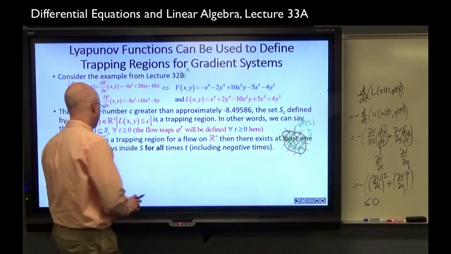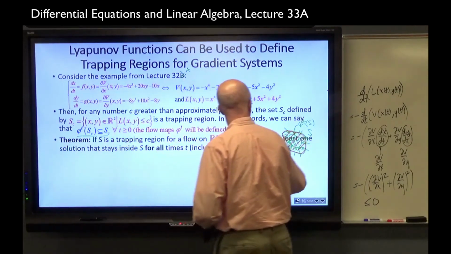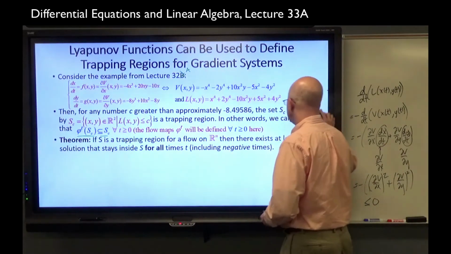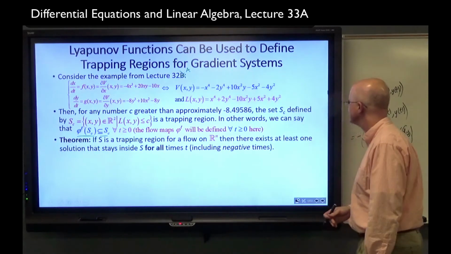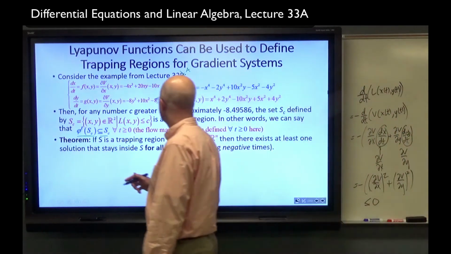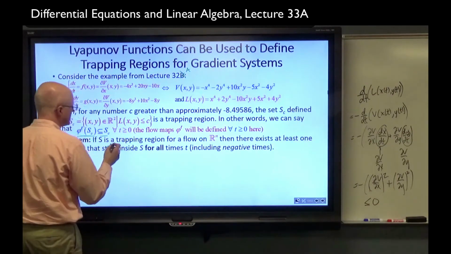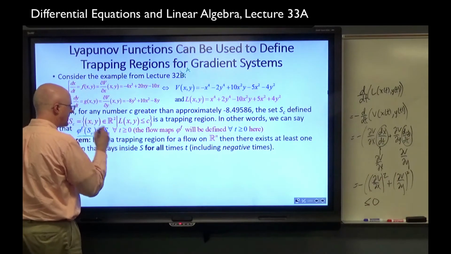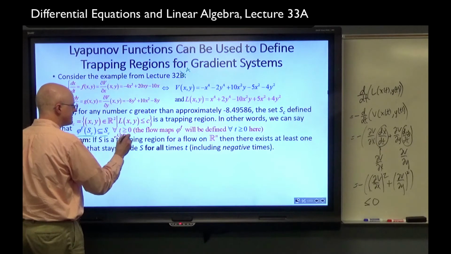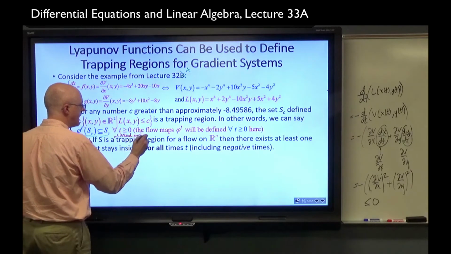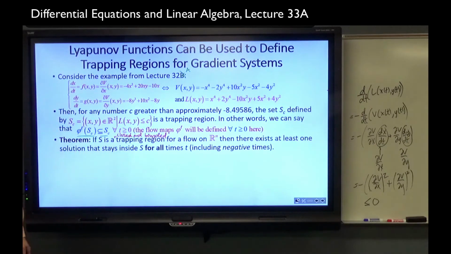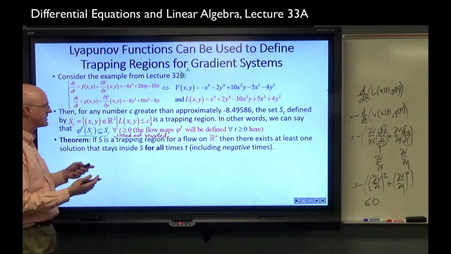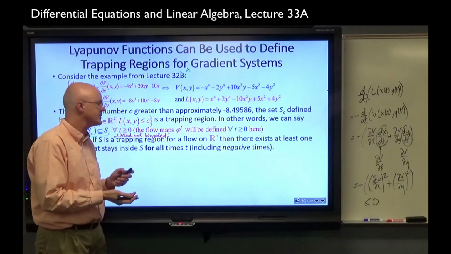Here's the theorem. Although I didn't state it correctly. If S is a trapping region, I meant to add a closed and bounded trapping region, also called compact. I will make the correction before I put this on the Google Drive. If S is a closed and bounded trapping region, closed means it contains its boundary.